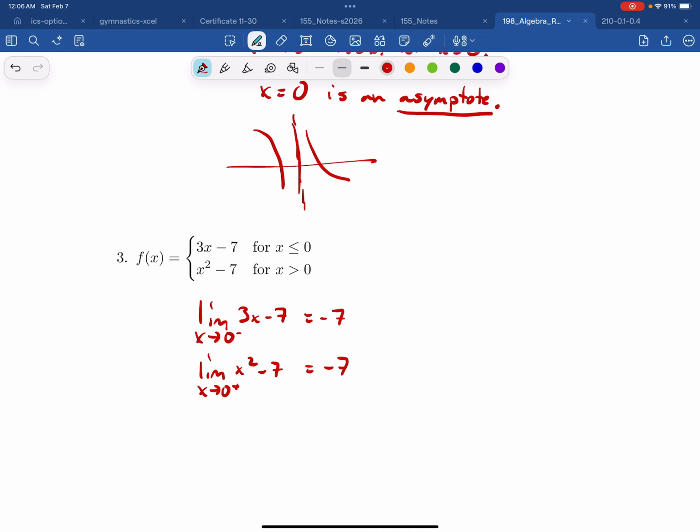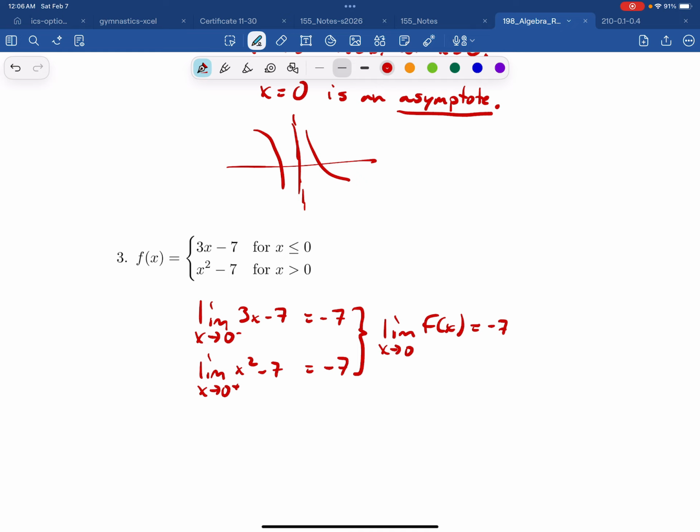And oh my goodness, look, they equal the same thing. Now you might be tempted to say, oh look, f is continuous, right? Be a little careful with that. You're not wrong, but you haven't shown enough. This means the double-sided limit as x approaches 0 of f of x equals negative 7. This does not show f is continuous at 0.